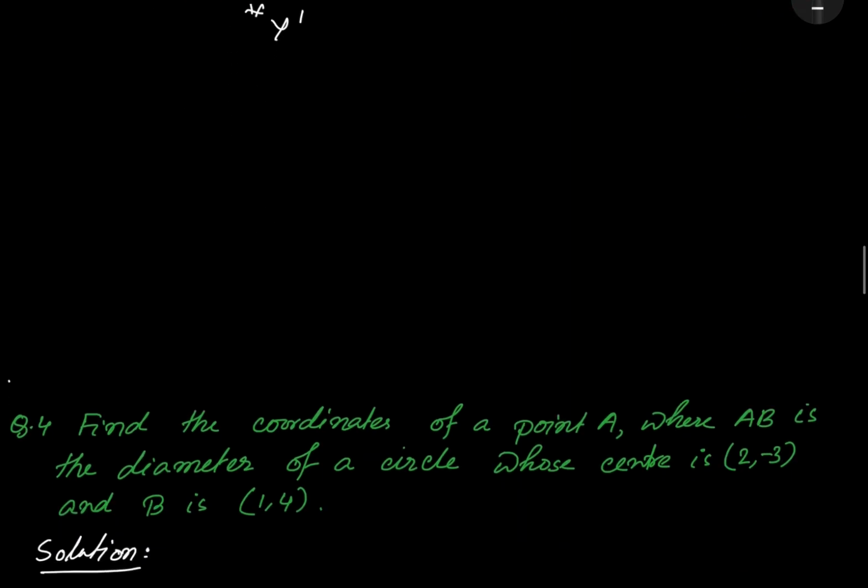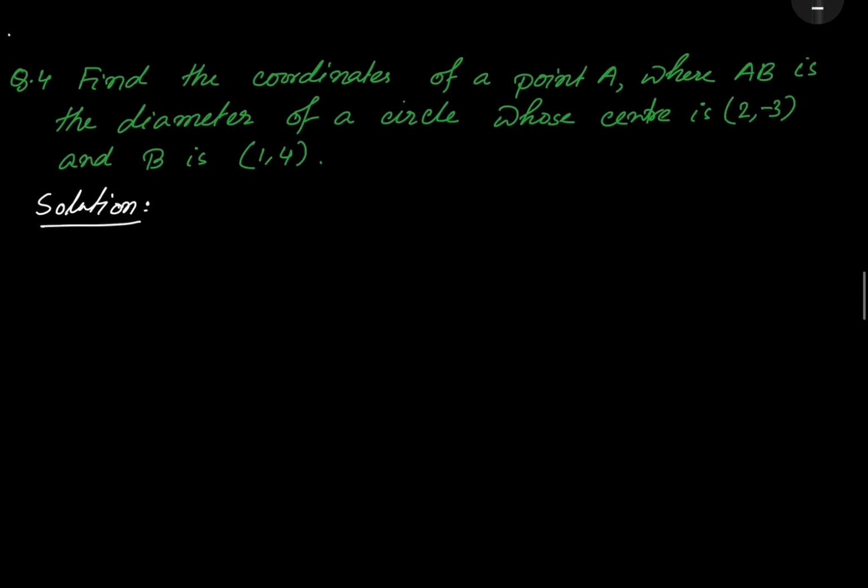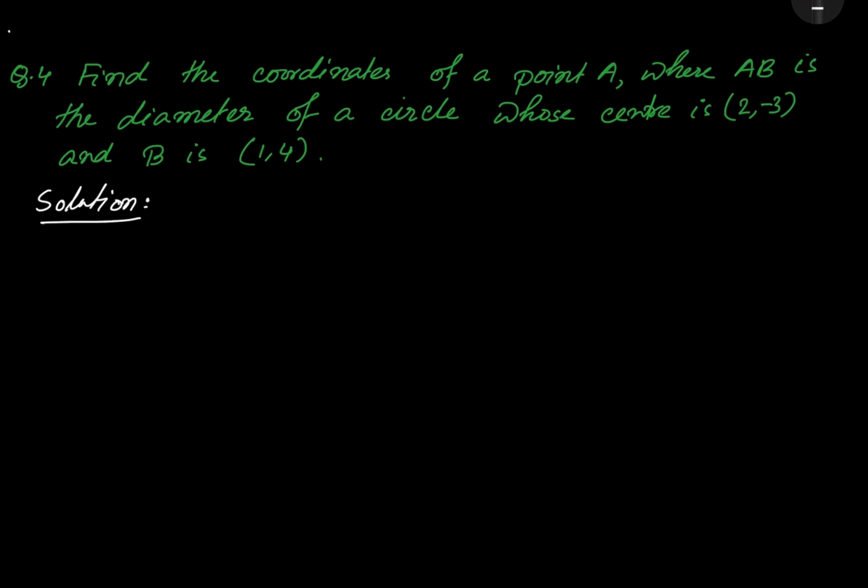Next question is, find the coordinates of a point A where AB is the diameter of a circle whose center is given as (2, -3) and B is (1, 4). So first draw the figure.